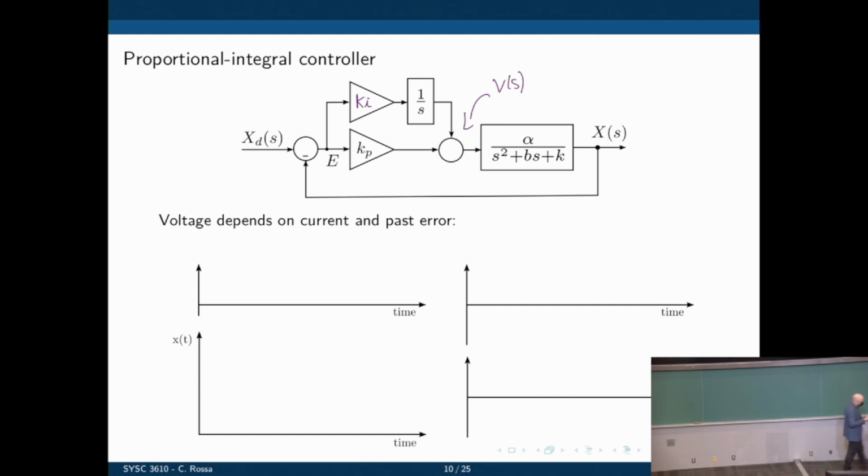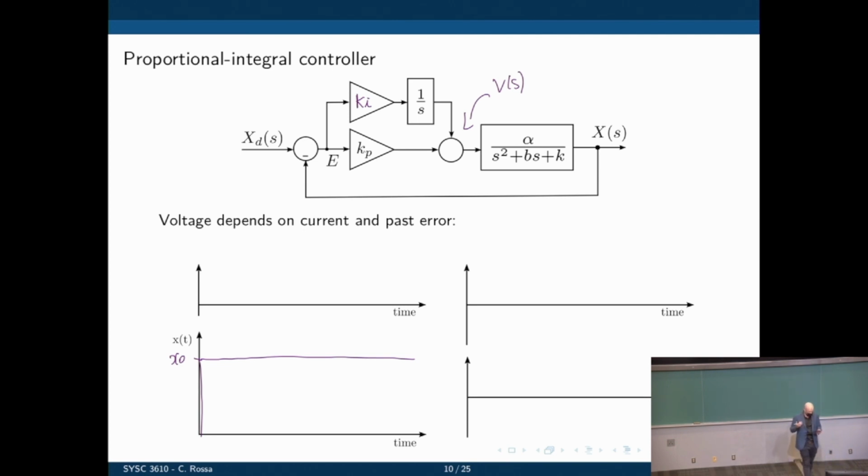Our job is still the same. That did not change. We want the system to go to x0. Okay, so it's a step input. We want it to go to x0. When we go to x0, it's the same. We are going to start the system, and at the start, the error is very large.